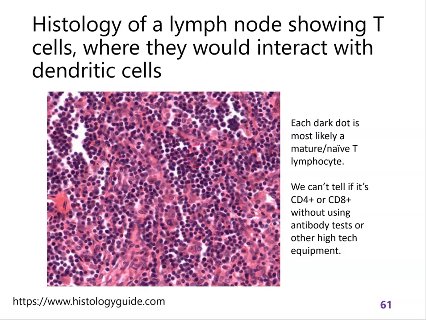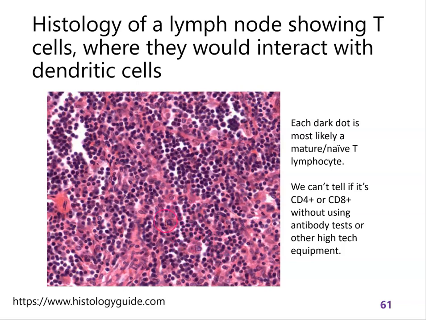And I'm not good enough at the histology to point out dendritic cells, but there are dendritic cells and macrophages in here. And you can't tell by looking at a lymphocyte under a light microscope if it's CD4, CD8, or even a B cell, except that T cells hang out here, B cells tend to hang out in a different area of a lymph node.